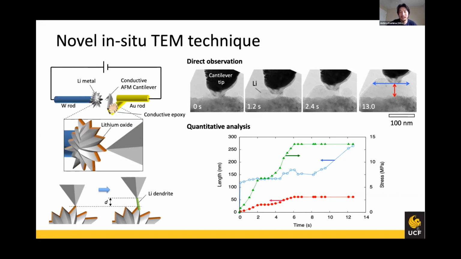So in this graph, you can clearly see the growth of the lithium dendrite, and you can associate it with the mechanical force that has been applied to the dendrite tip. And you can see how the stress develops at the tip of the lithium metal, and eventually it will reach a threshold stress, and the growth direction will change from vertical to transverse with respect to the surface.